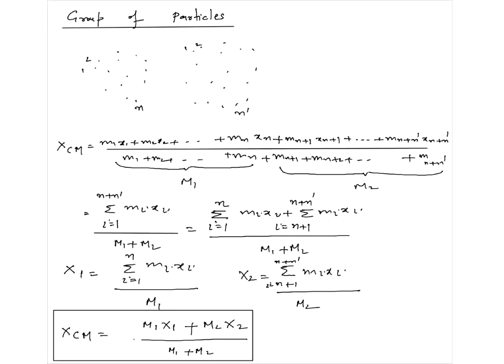It's a very powerful result. So YCM and ZCM similarly. So replacing a group of particles by just one equivalent particle placed at the right location. Any questions? Let me know.